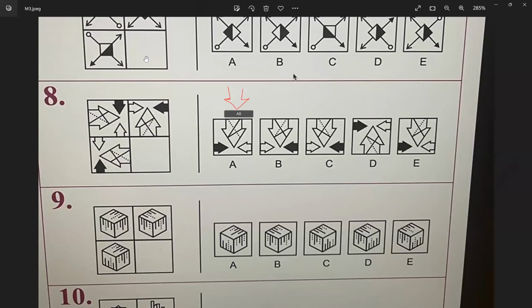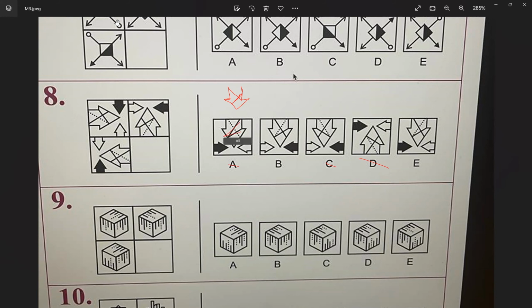And so you can eliminate B, and the cross would look kind of like this. The bigger part would be there, and the smaller part would be here. So it can't be C, and also it can't be A because this is a different type of shape.